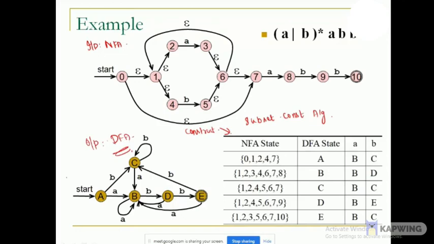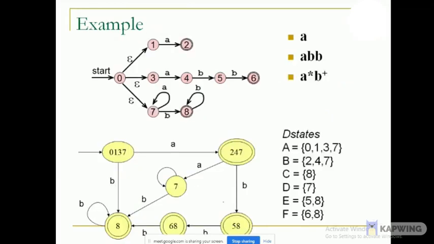Okay, so A is the starting state, as it includes the starting state 0. Similarly, E is the final state as it includes 10 as one of its states. Clear? Any doubts? Can you try this one?